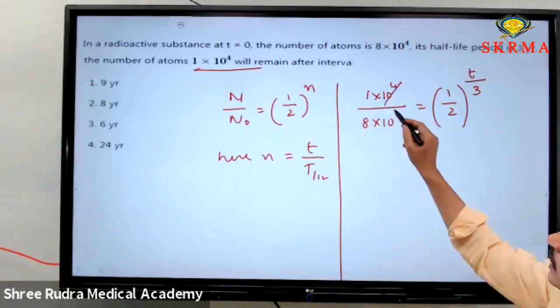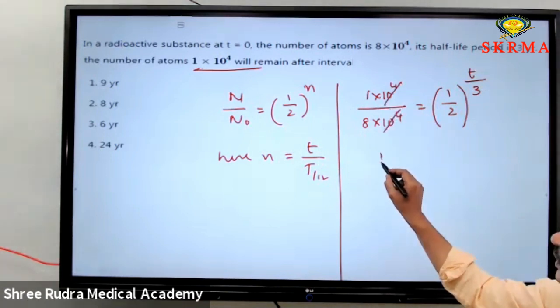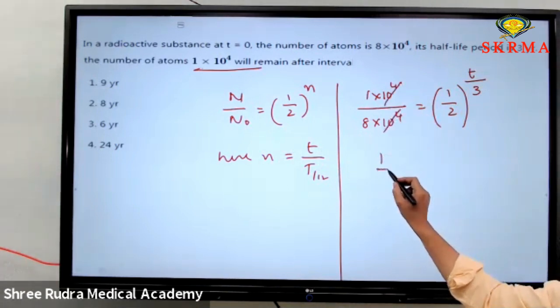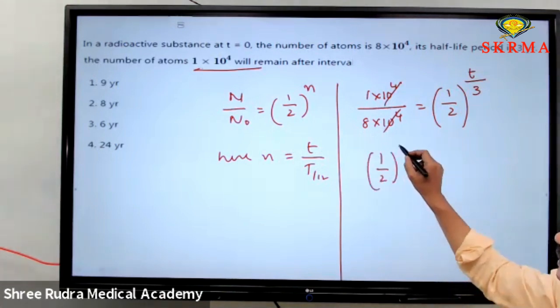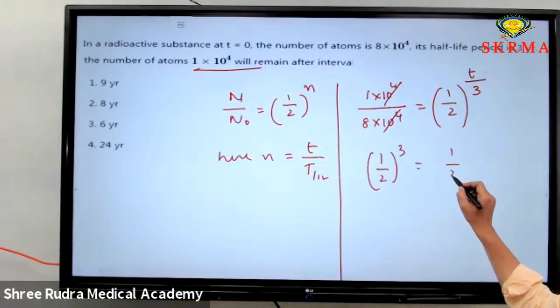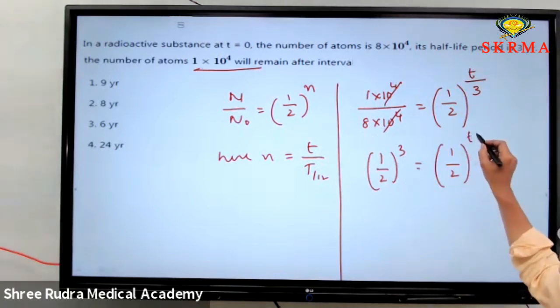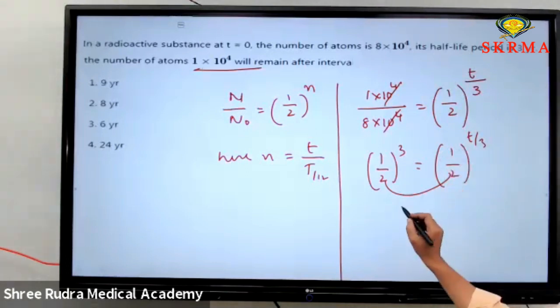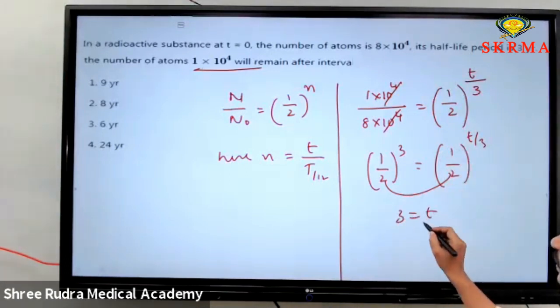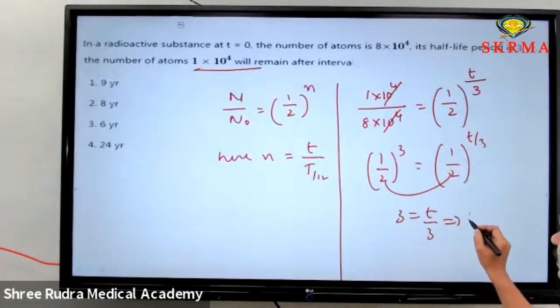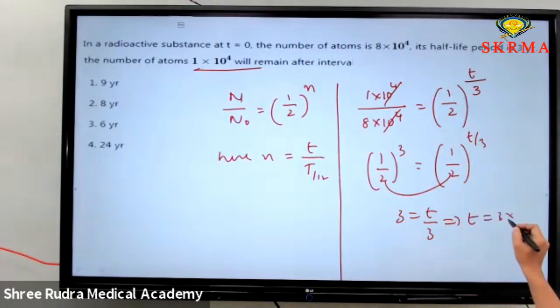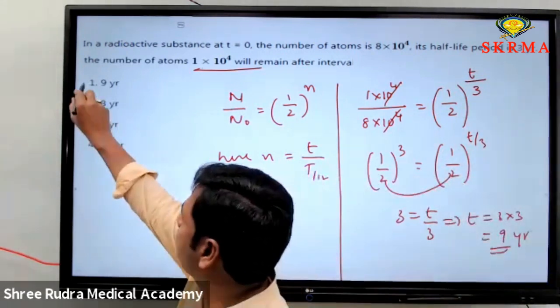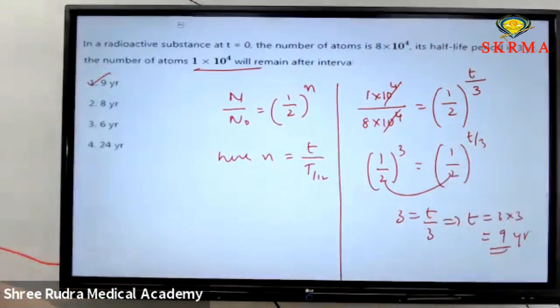If you simplify, 10 power 4 and 10 power 4 cancel. This can be written as 1 by 2 whole power 3 equals 1 by 2 whole power T by 3. Here the bases are equal, so you can equate the exponents: 3 equals T by 3, and T equals 3 times 3, that is 9. 9 years is the correct option. That's why the correct option is 1.